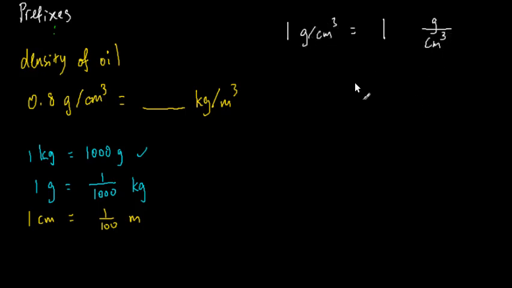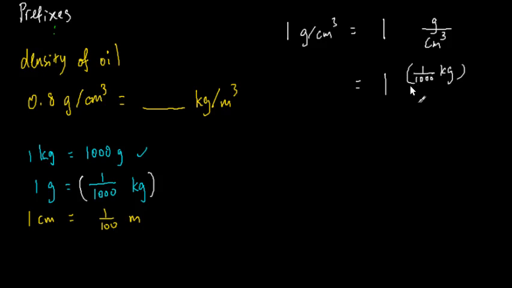So we actually have a fraction here. Now the g, what I'm going to do is look at what g is in terms of kg, and I'm going to think of the g here as exactly this. So I'm going to replace the g here by this. I'm going to substitute this into the g there. So that's going to look like 1 over 1000 kg.